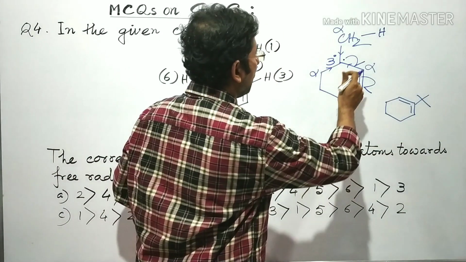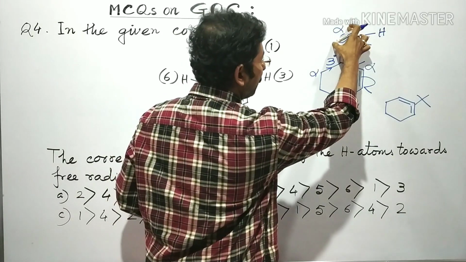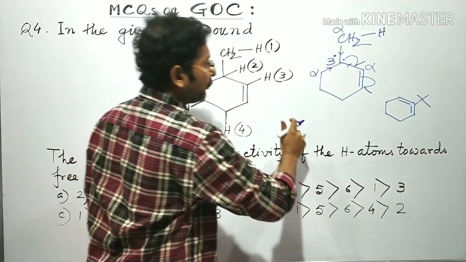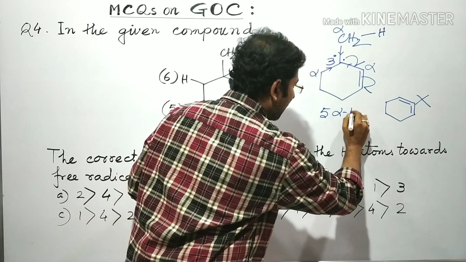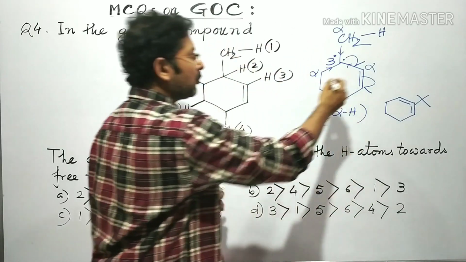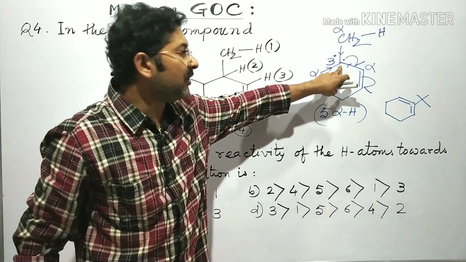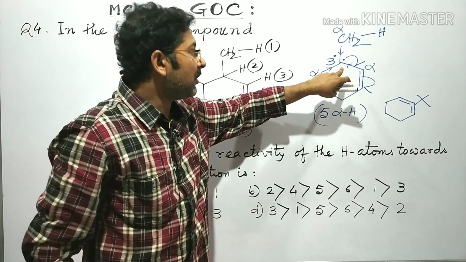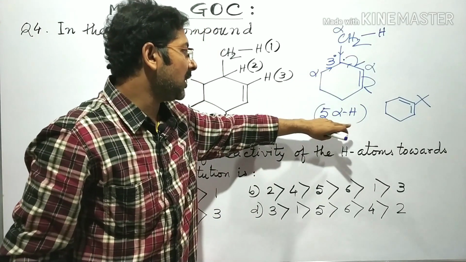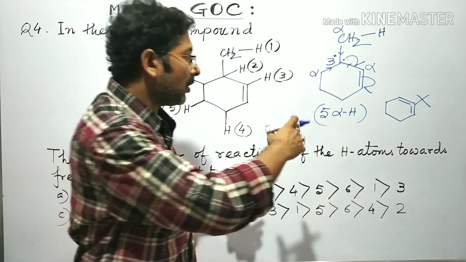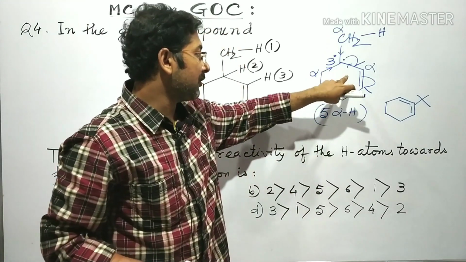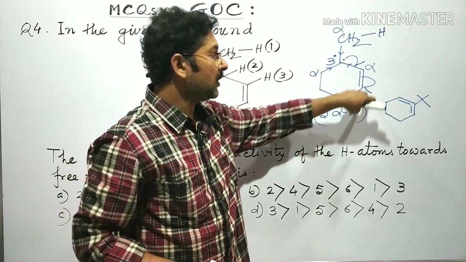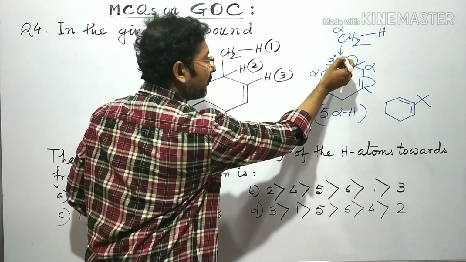So actually here 3 and here is 2, so the 5 alpha hydrogens can be involved in the hyperconjugation to stabilize this free radical. So this is a very stable free radical involving the hyperconjugation involving the 5 alpha hydrogens, and also resonance involving this double bond. So this is the most stable free radical.